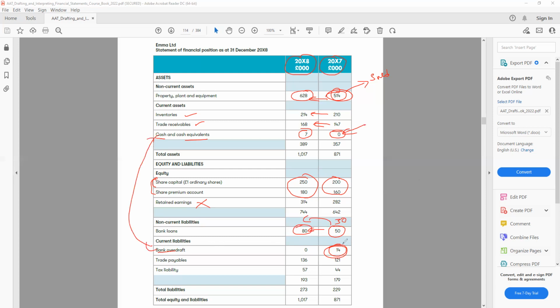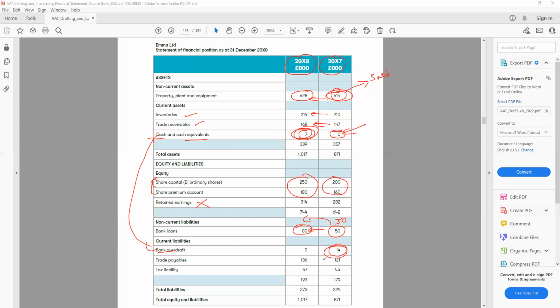So you have to take this 14 as a negative balance, because at the beginning of the year we had a negative balance. That means we have to start with minus 14. Then we'll see how much we have at the end of the year, and that should be exactly 7, as I said, the closing balance. So if you have a bank overdraft, make sure you consider that because it is part of our cash and cash equivalent.